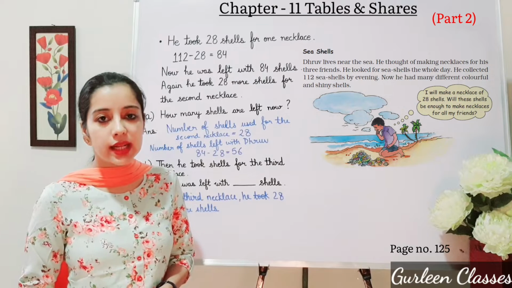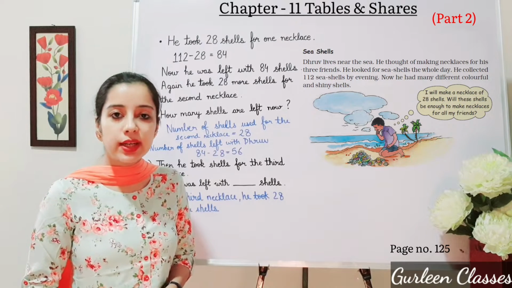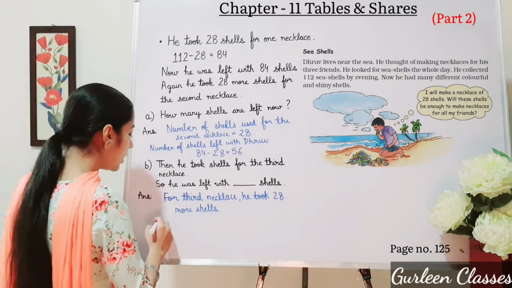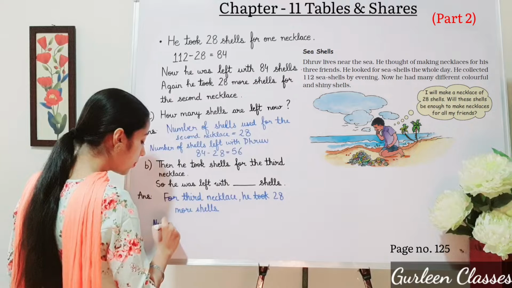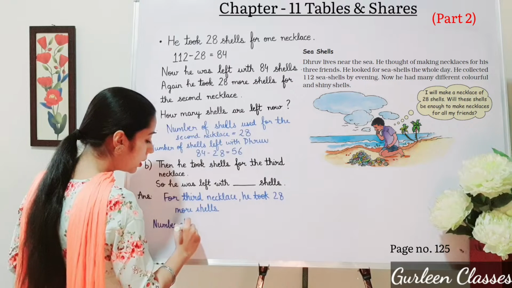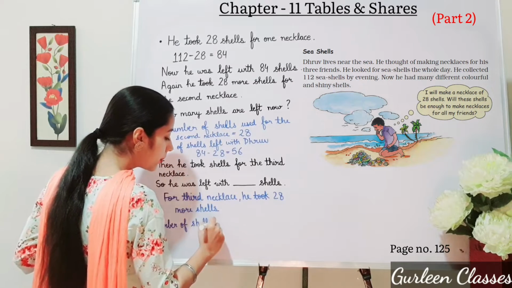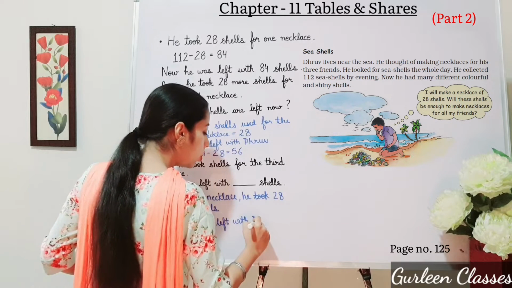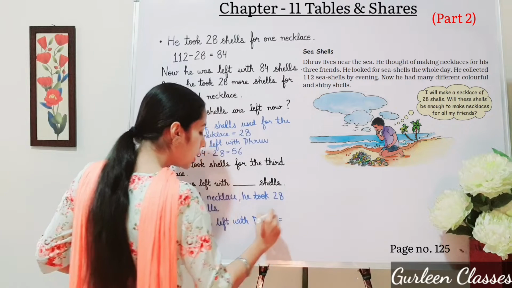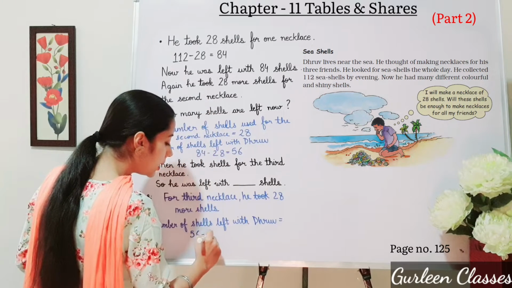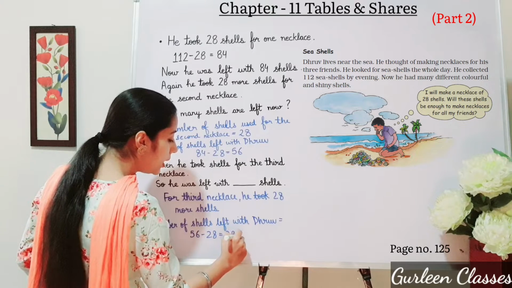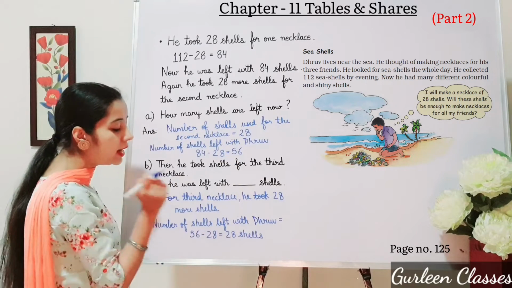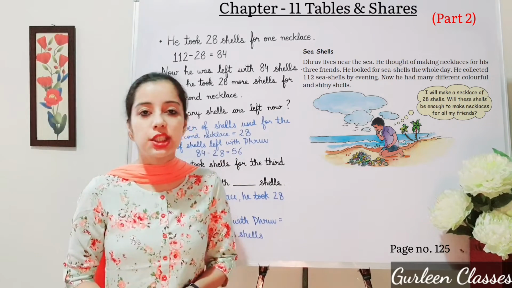So number of shells left with Dhruv is 56 minus 28, that is 28 shells. We subtracted 56 minus 28, that is equal to 28 shells.